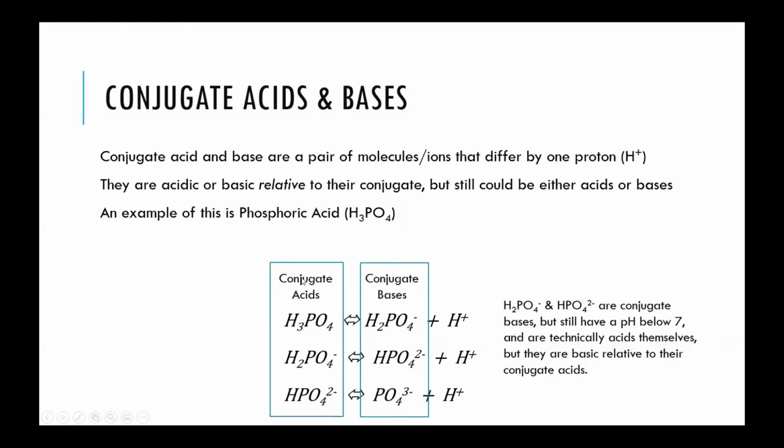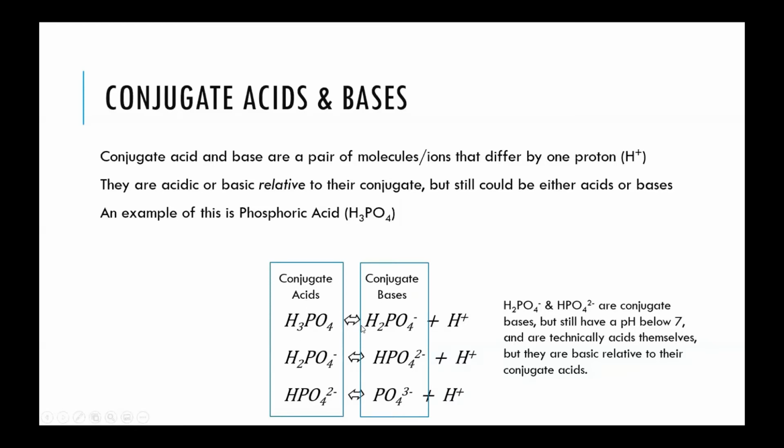But in this case, looking purely at the phosphoric acid, it loses a proton, and its relative base, or its conjugate base, is H2PO4 minus. This ion, H2PO4 minus, is still very acidic, but it's a base relative to the phosphoric acid itself.